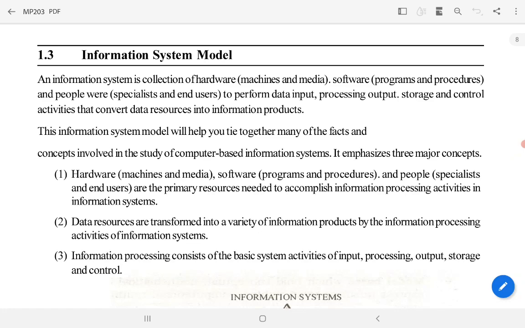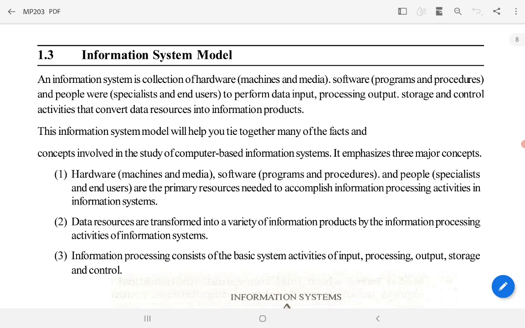So the information system of an organization is a collection of hardware, meaning systems and media, software, meaning programs, applications and procedures, and people, meaning specialists and end users, to perform data input, processing and output, and similarly storage and control activities that convert data resources into information products.